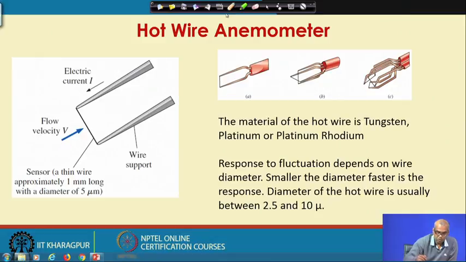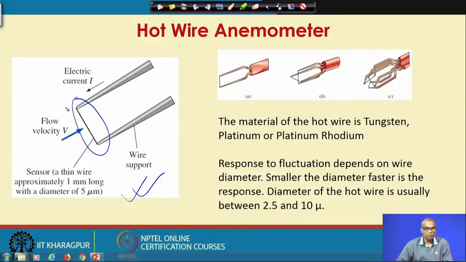So, this is the sensor. This is the thin wire which is approximately 1 millimeter long, and it has a diameter of say approximately 5 micrometer.